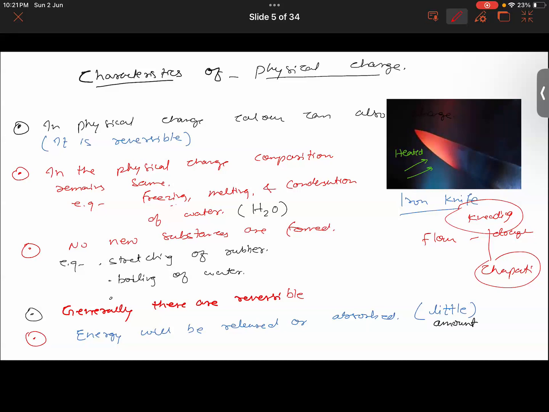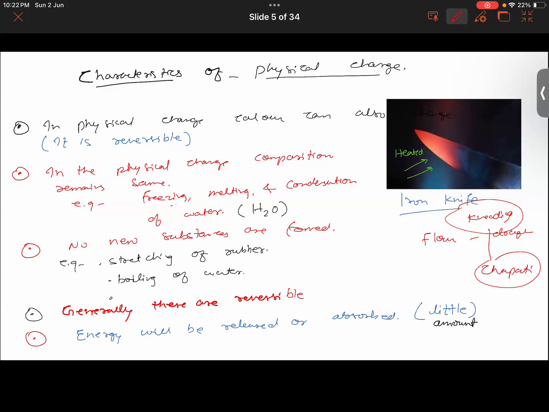Next, we are going to learn about chemical changes. They occur when different chemical substances react with each other, and new substances are formed. In almost all chemical changes, new substances are formed. Apart from that, there will be a change in color, and there could be evolution of gases.